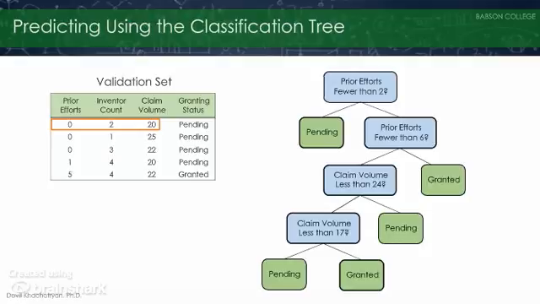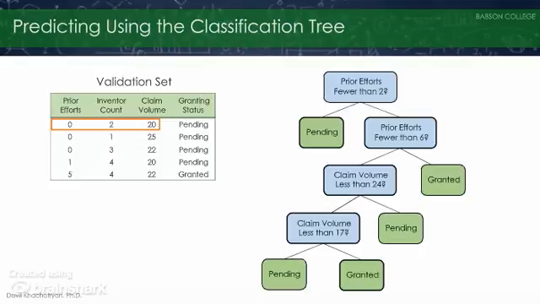It has no prior efforts, there are 2 inventors responsible for it, and it has 20 claims. We can think of it almost like dropping this patent document at the root node and tracking it down along the tree to see which terminal node it ends in, and the label appearing on that terminal node will determine the class.